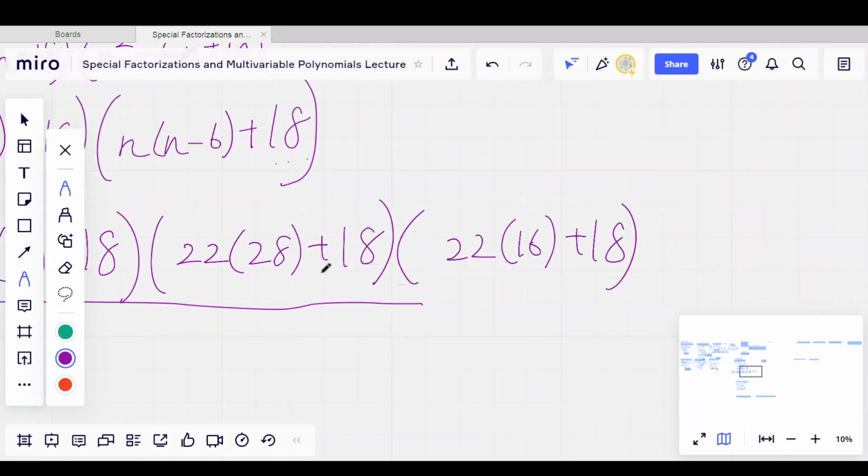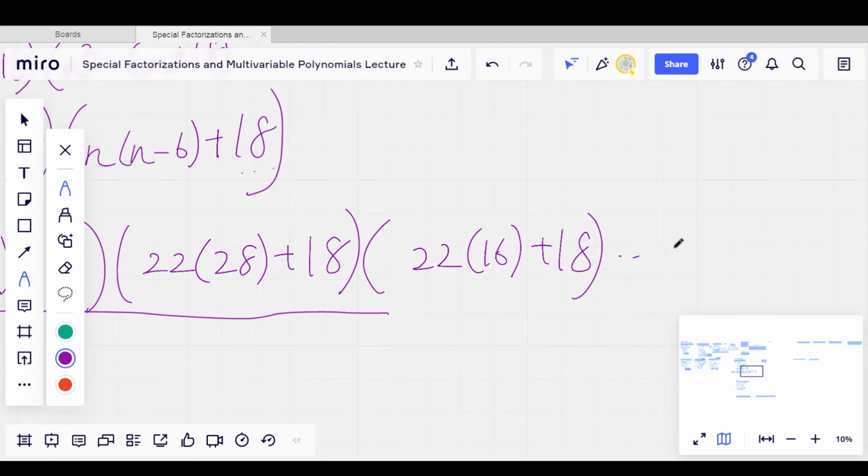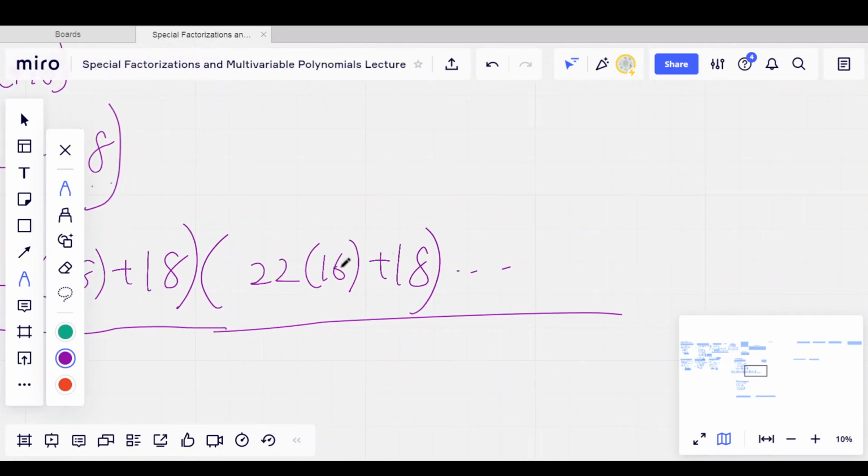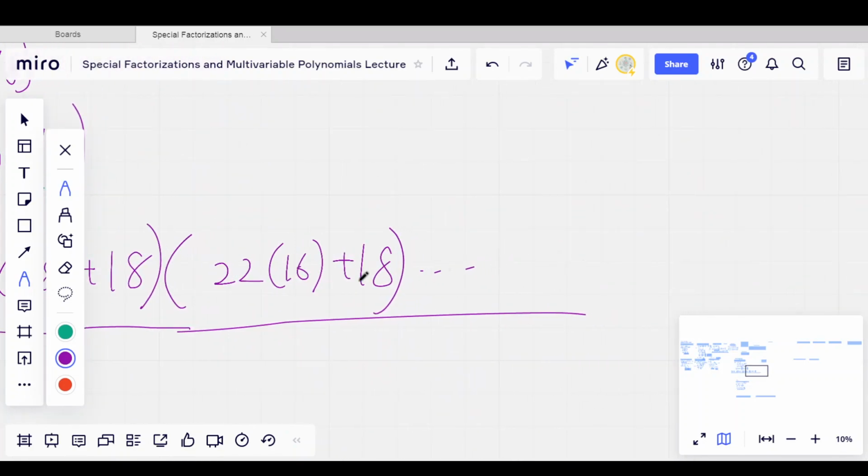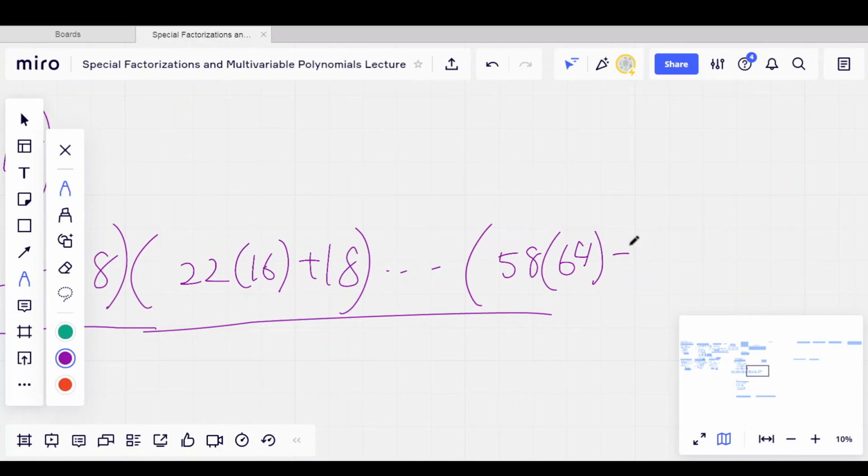If you're wondering how I got these numbers, I'm looking at a piece of paper with the numbers on it. So we just multiply until n equals 58, right? So basically 58 plus 6 is 64, and then plus 18.